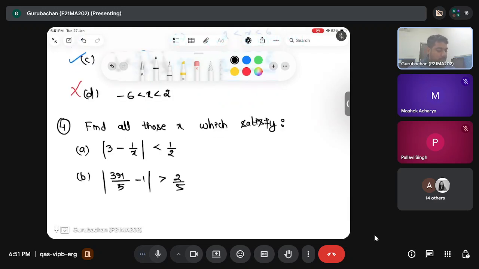Please keep the caution that here it is 1 by x, not x. Try these two, then we will discuss it.